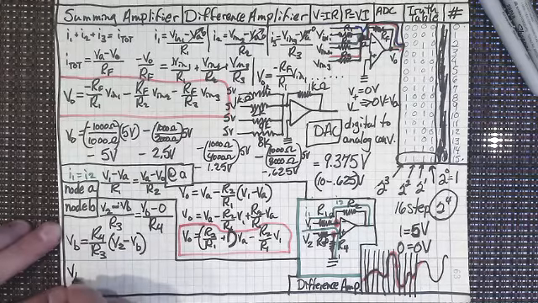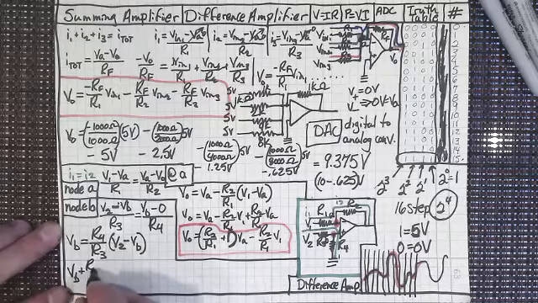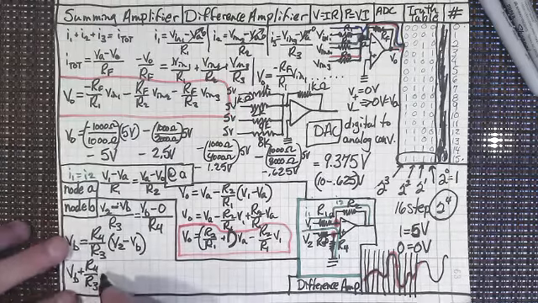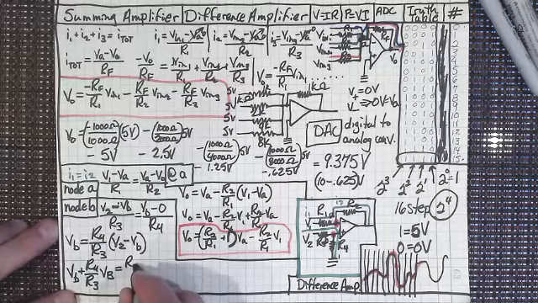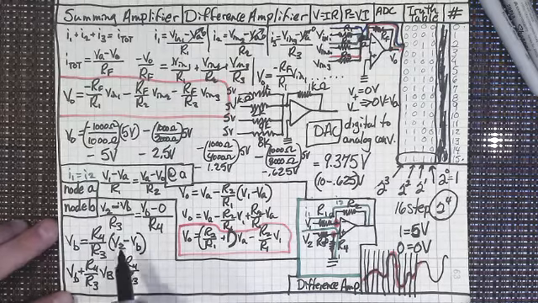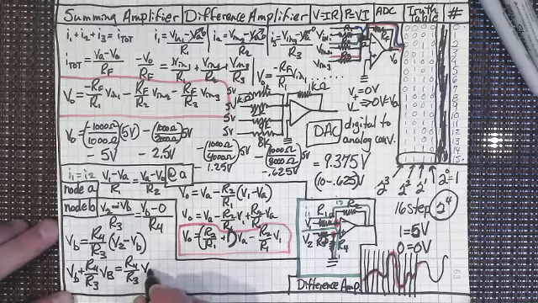I'm just going to have V sub B plus R4 over R3 V sub B. It's a minus, so it comes over, it becomes a positive, and that's going to equal R4 over R3 V2.